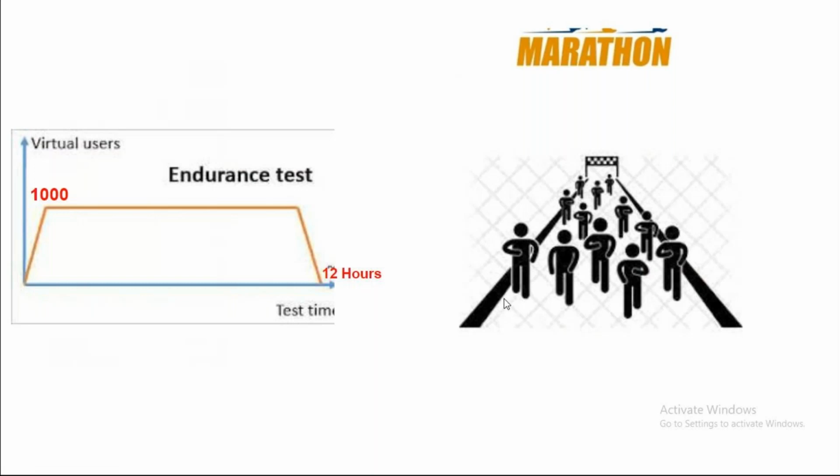An endurance test is also run with the expected load but for a longer duration. It can be run for a minimum of 6 hours, or for 8 hours or 12 hours, as per the customer's requirement. Basically, running the test for a longer duration in order to check the stability of the application. Similar to a marathon, right?